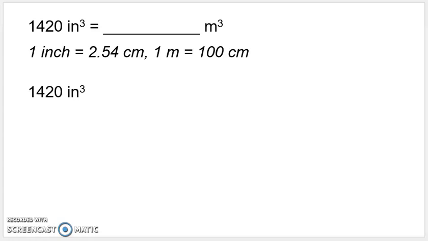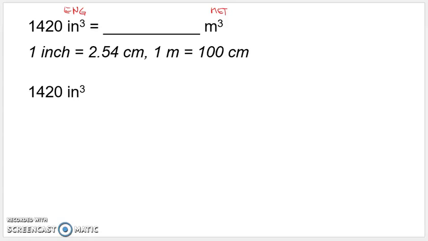And the trick here is I'm converting from inches cubed to meters cubed. So I'm going from an English measurement system to the metric measurement system. Let's see how the conversion works. Again, the strategy I like is I take these linear conversions and I cube them.